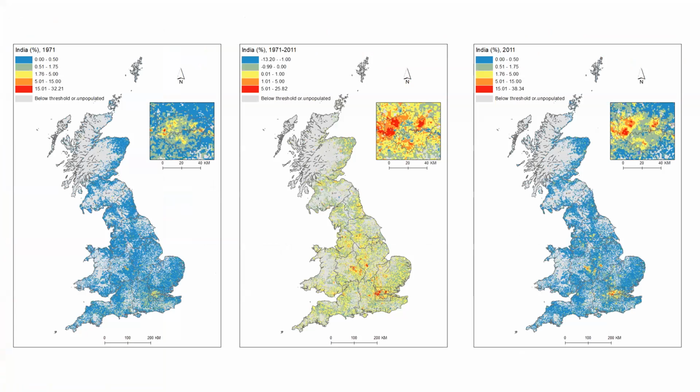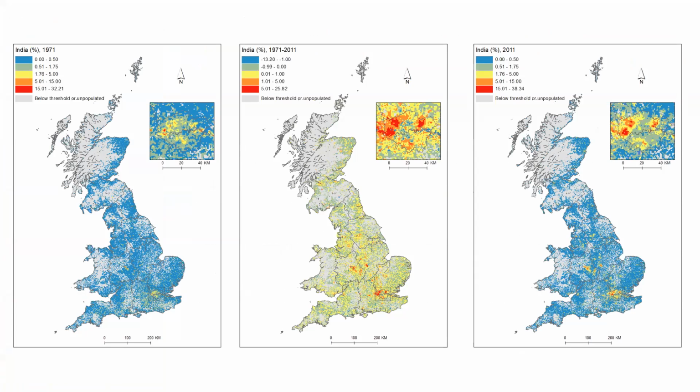So as a way in to the grid squares, because I appreciate they're an unusual thing to look at, I think 1 by 1 kilometres is very small. So we're not used to seeing such high spatial variability in maps of population distributions and in change as well. But what we're looking at here are simply percentages of one country of birth group, and that is India.